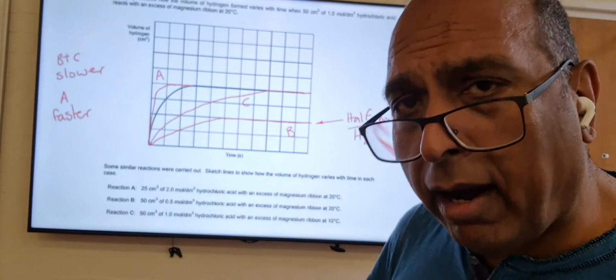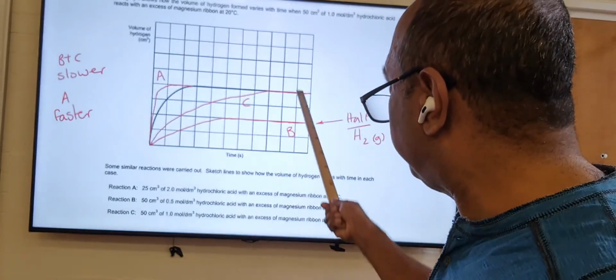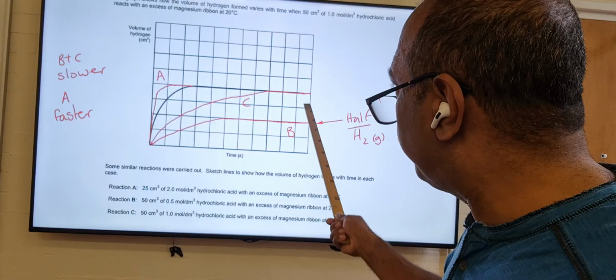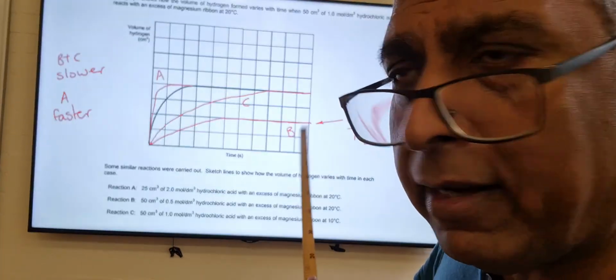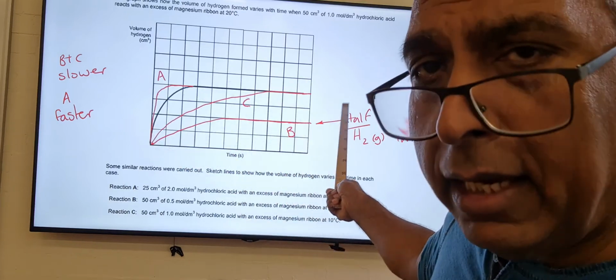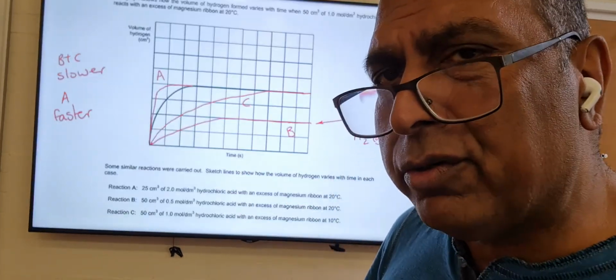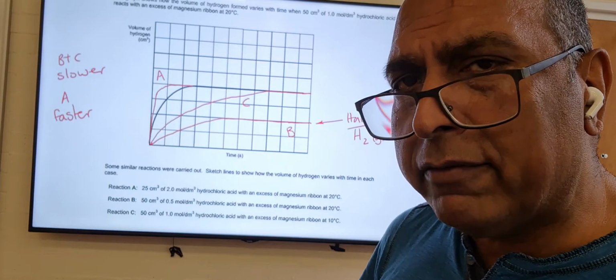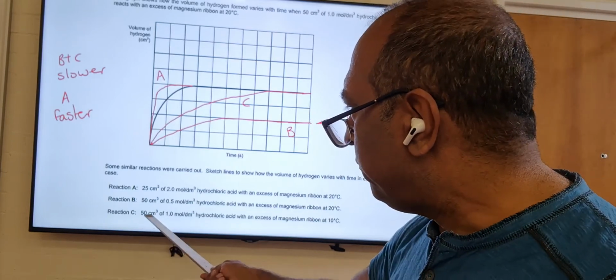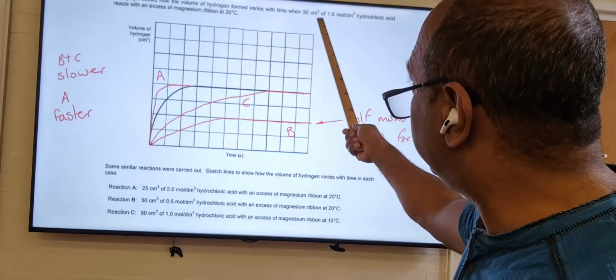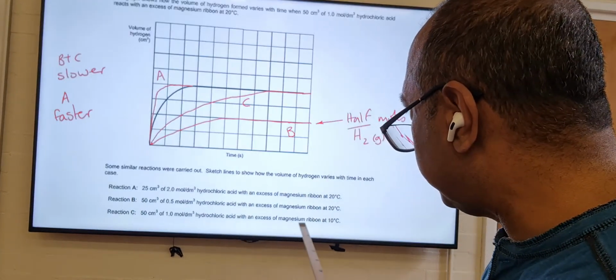and therefore the amount of reaction we're going to get is half, and therefore on this 1, 2, 3, 4 scale, the B ends at half the value of the black line they gave you, and it's crucial you understand that. Those kind of exam questions are very common. And finally, 50 of 1 molar hydrochloric acid with excess at 10 degrees.